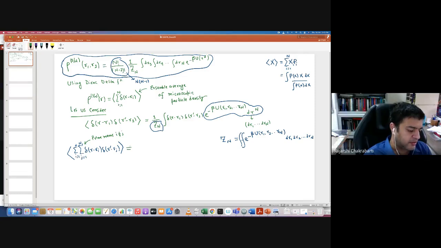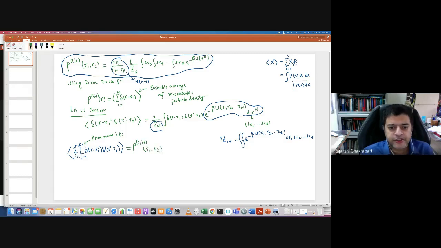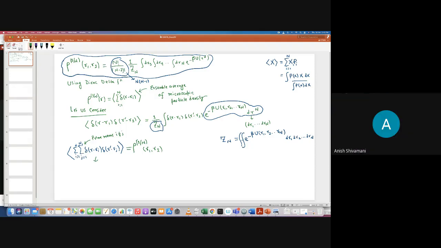Can I simplify it further? My question is, can I simplify it further? Actually, if you look carefully, this quantity is nothing but your two particle density. Can you see that? Look at the structure here. Now this quantity will have many terms. How many terms will be there? Can anyone tell me? n into n minus 1.